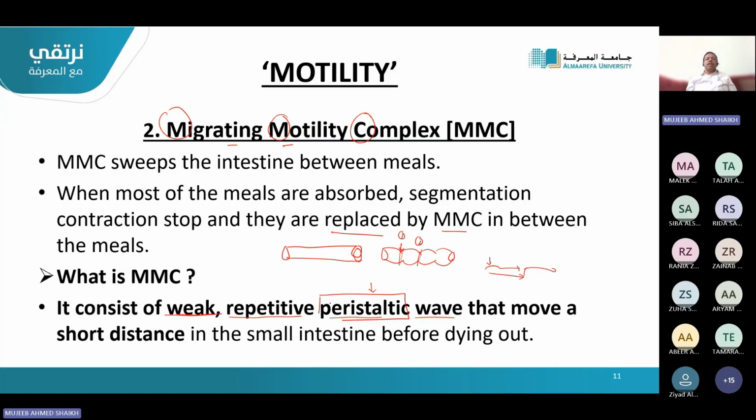Here, the contraction will appear and move to the next side, the same contraction, travelling a short distance before it becomes unnoticeable. Here it will be a very strong contraction, here slightly less, and here very little or none. That's why it is called a peristaltic wave.